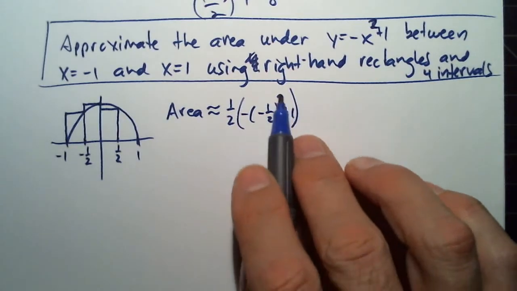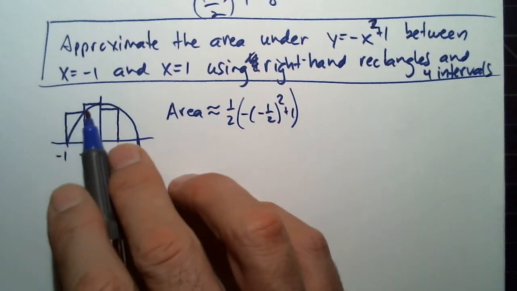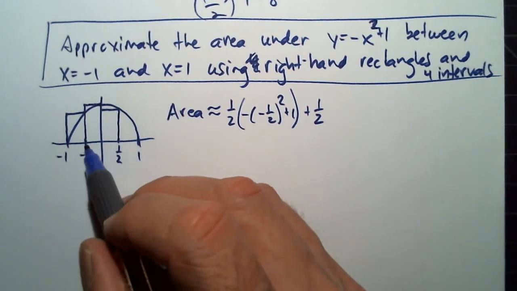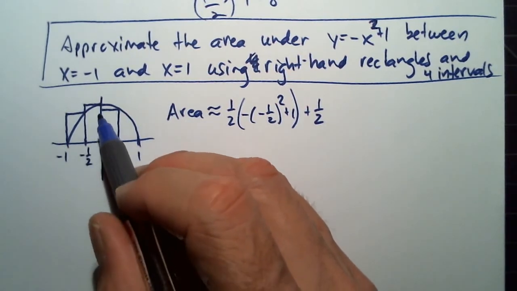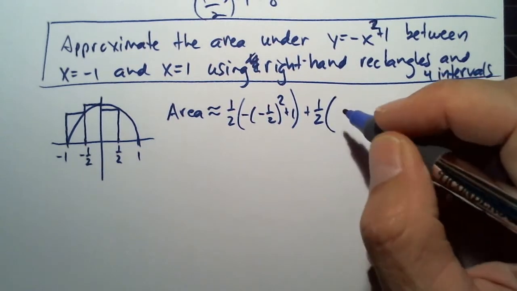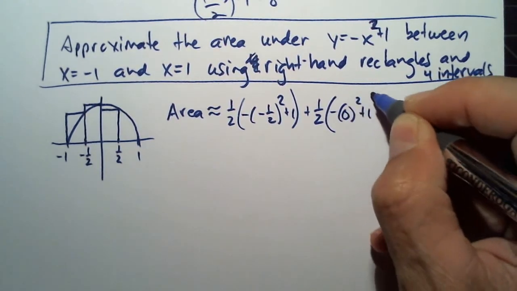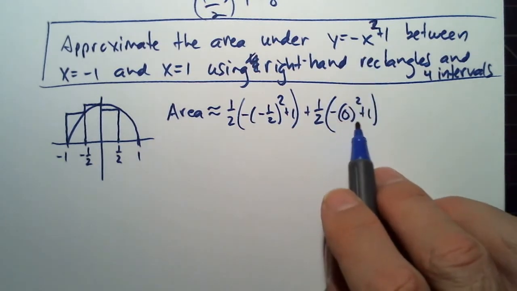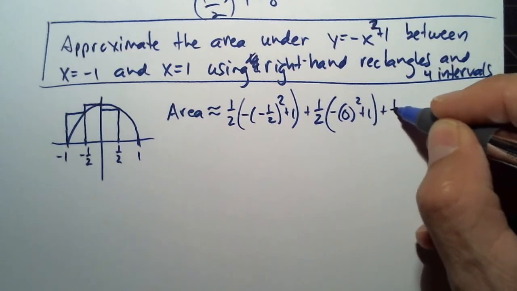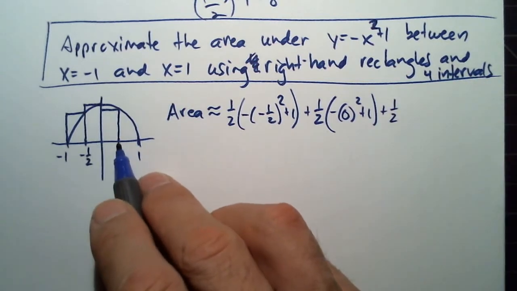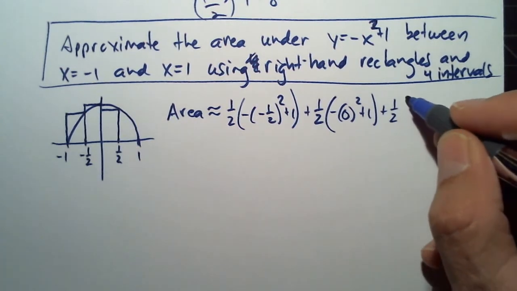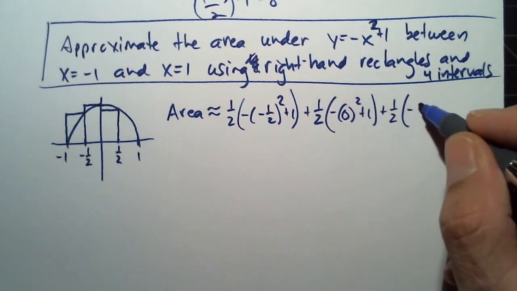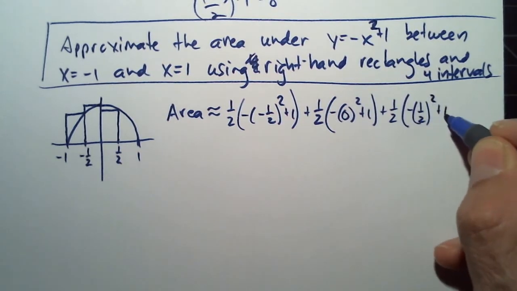So here, this is the y value of the curve at -1/2. Then we'll have the base of the second rectangle and the height of the second rectangle. The height of the second rectangle is going to be at x equals 0. We put a 0 in there, and we have 0 squared plus 1. And then we're going to go the base of this rectangle times the height. Base is 1/2. The height is 1/2 squared plus 1. (-1/2) squared plus 1.